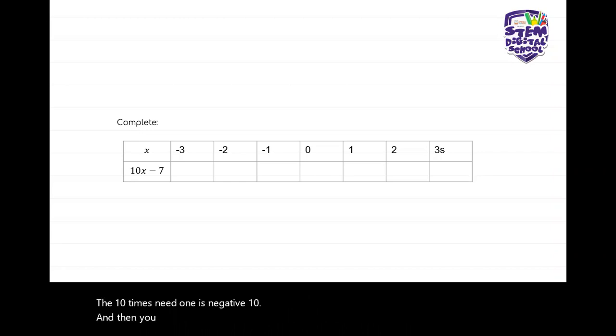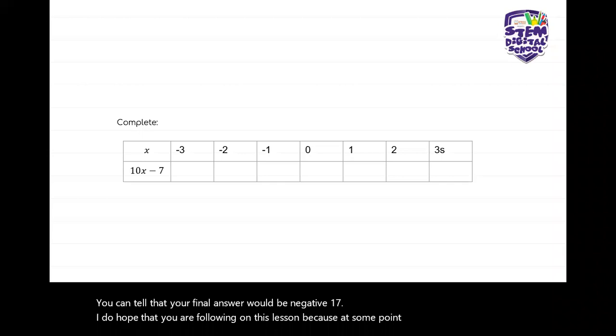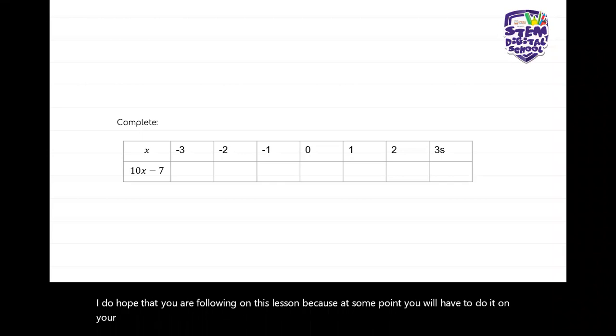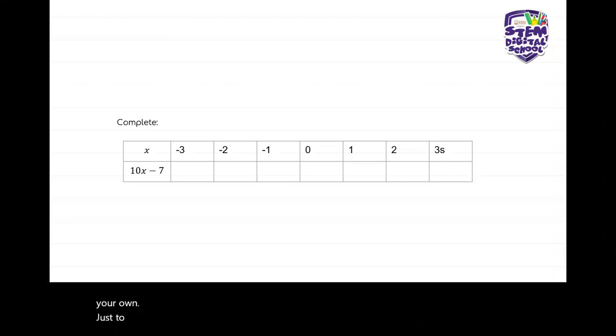So of course, you can tell that your final answer will be -17. I do hope that you are following this lesson, because at some point you will have to do it on your own just to find the different values there. Right, we have done the -1 as well.